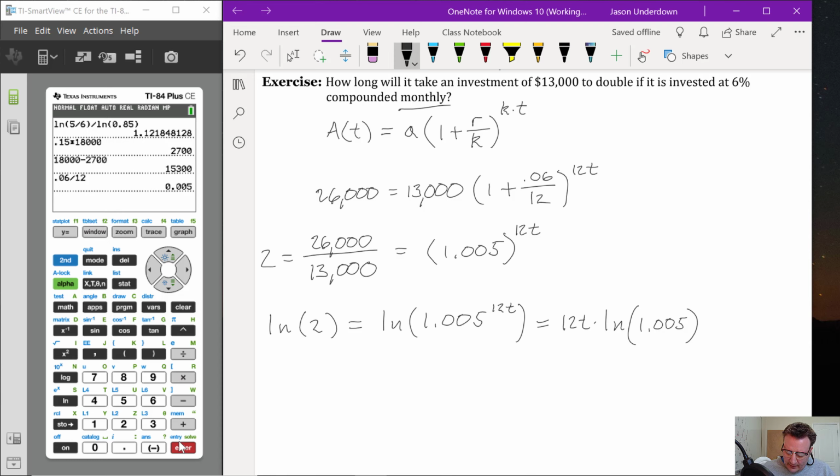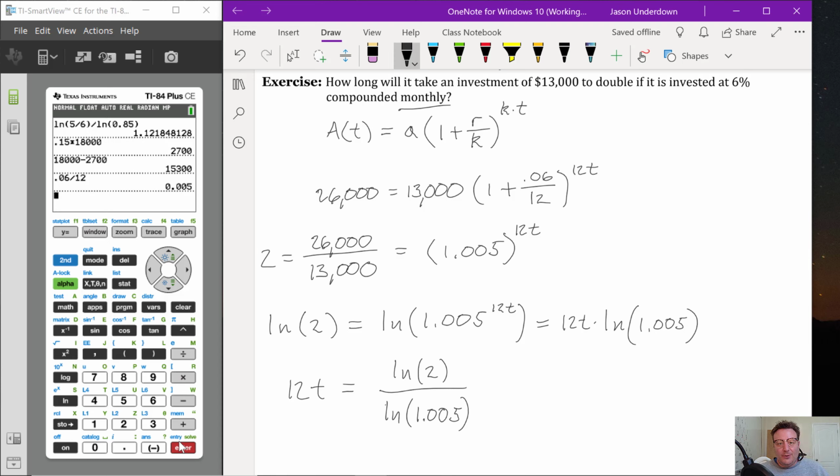Okay, solving for t, let's see, I'm going to have 12t is equal to the natural log of 2 divided by the natural log of the base 1.005.